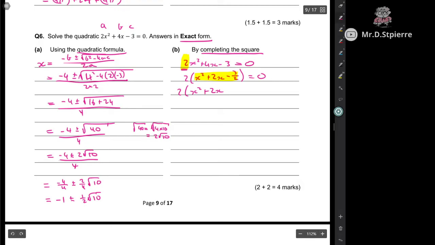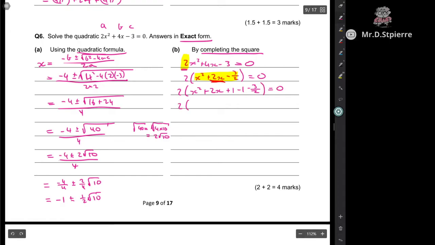Now we need to use our magic number. Our magic number comes from the 2x. We halve the 2, then square it. So 2 divided by 2 is 1, and 1 squared is 1. So we write plus 1, take away 1, take away 3 on 2, equals 0.